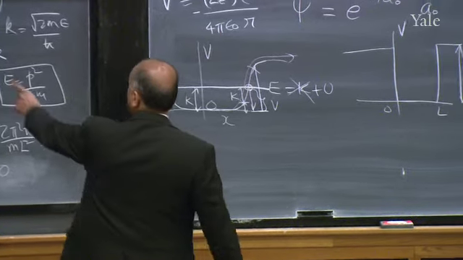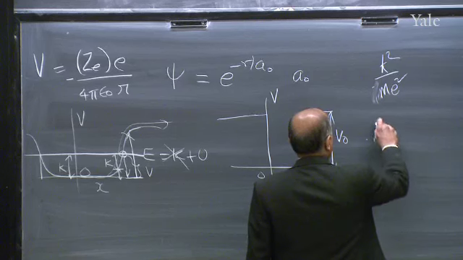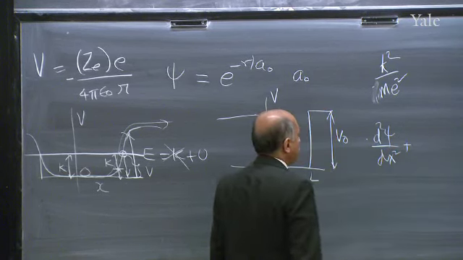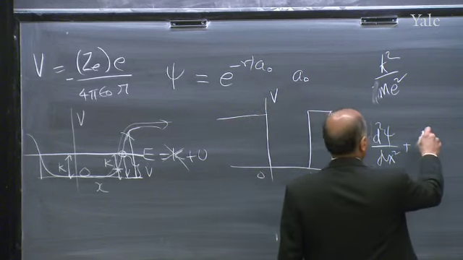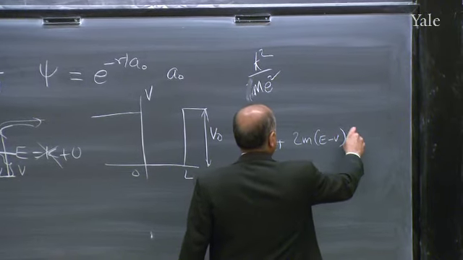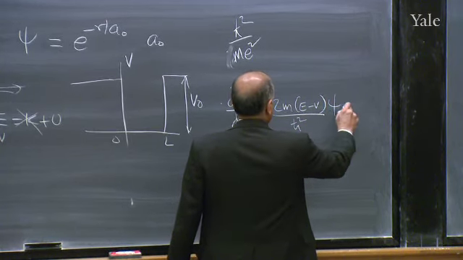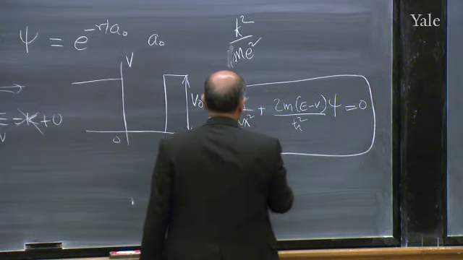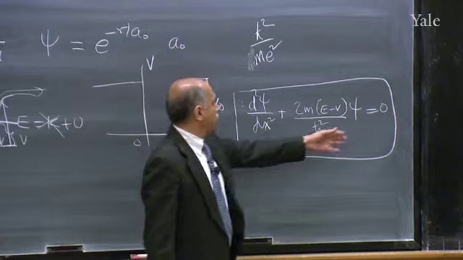So the rule is to go back to that equation, which now takes the following form: d2 psi over dx squared plus 2m times (E minus V) psi over h bar squared equal to 0. I'm going to stop writing the subscript E. From now on, you should understand I'm trying to find states of definite energy E. I've just rearranged the Schrodinger equation so that it looks like second derivative plus all kinds of stuff.